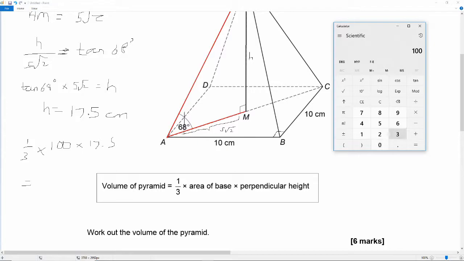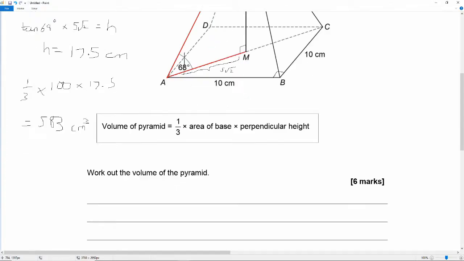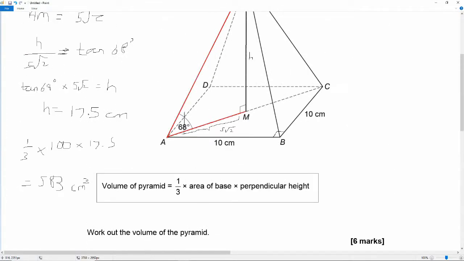So that's 100 times 17.5 divided by 3, 583.3. Just say 583 to the nearest whole number. 583 centimeters cubed, which is our final answer.